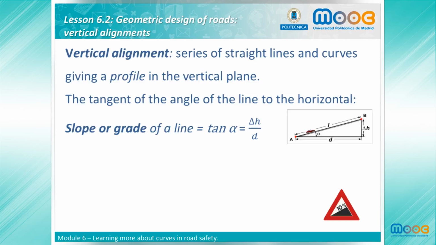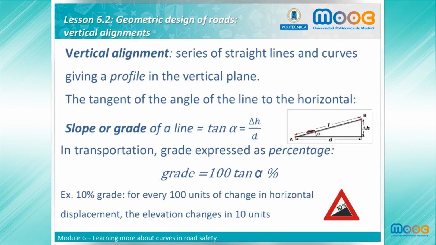In transportation, grade is usually expressed as a percentage that is equal to 100 times tangent of alpha. For example, a 10% grade means that for every 100 units of change in horizontal displacement, the elevation changes by 10 units.